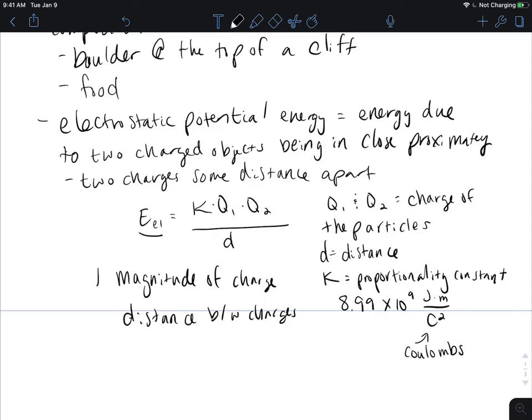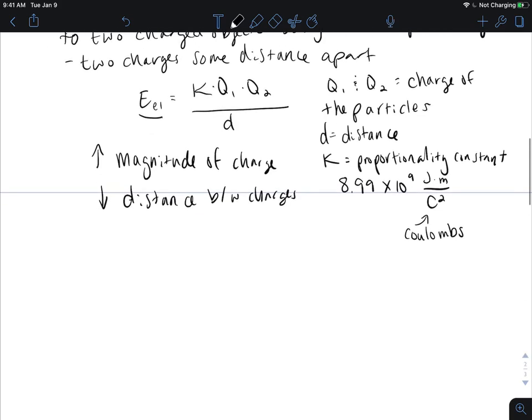So greater magnitude, smaller distance, greater electrostatic potential energy. So this is generally why we think of things that have large charges that are small. Those are going to be more attracted to other large charges that are small.